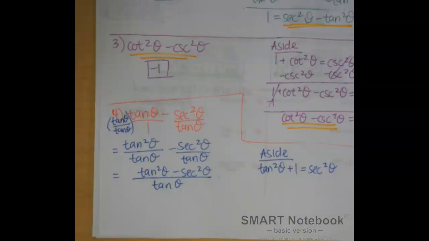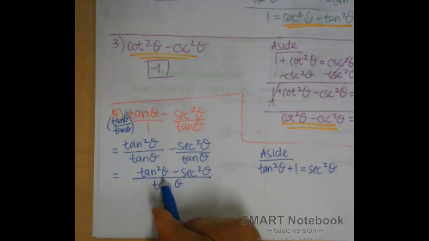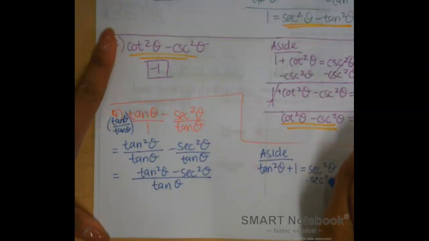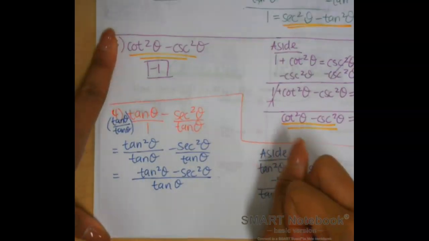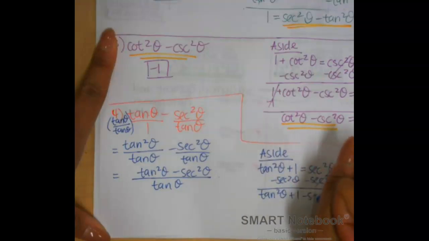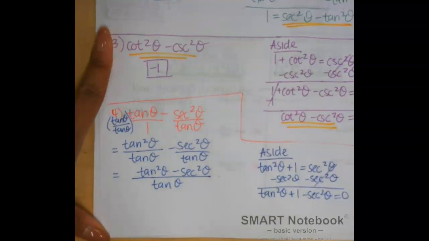Okay, so first you can... The tangent looks good. It's just a secant. We have tangent squared theta plus 1 minus secant squared theta equals 0. Go ahead.